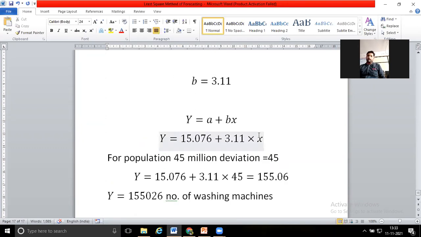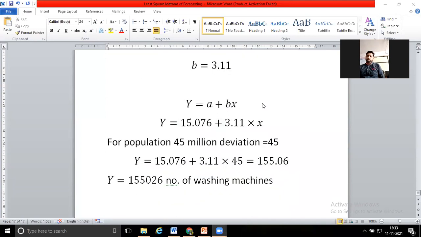I hope you have written all the data related to this problem, and you completely understood this problem. Okay, so least square method or regression analysis. Is there any doubt, any question? Okay, if not, can I move to the next point?